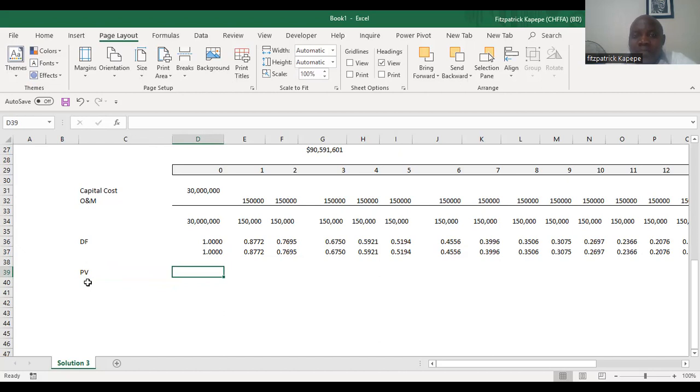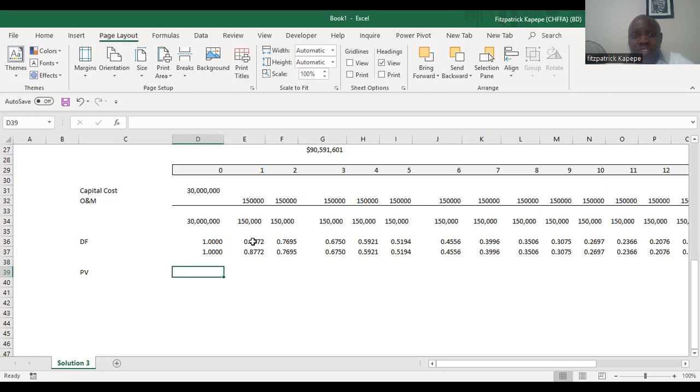You start discounting on the operation. Here 0 is now, so the value of money now equals the value you have now, isn't it? But at the end of the year, that value gets discounted.